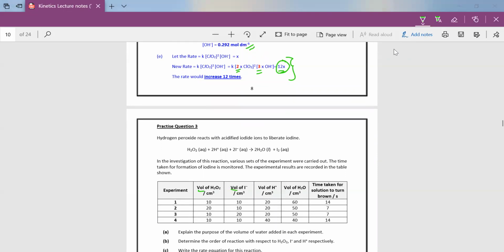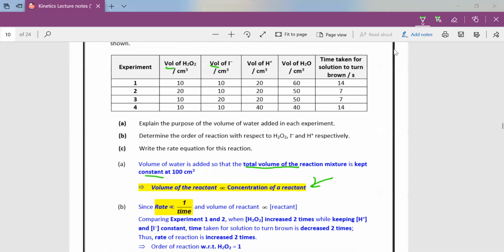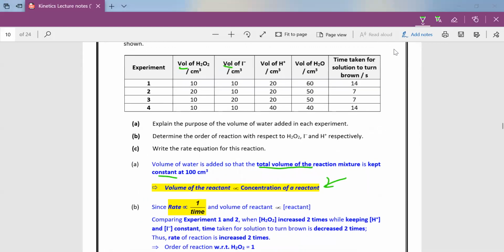When you vary the volume, that's going to change the total volume, so each of the reactants' concentration will actually change. So in order for the volume to be directly proportional to the concentration, water is added to keep the total volume constant, so that we can make this relationship be true, which is volume of the reactant is directly proportional to the concentration.